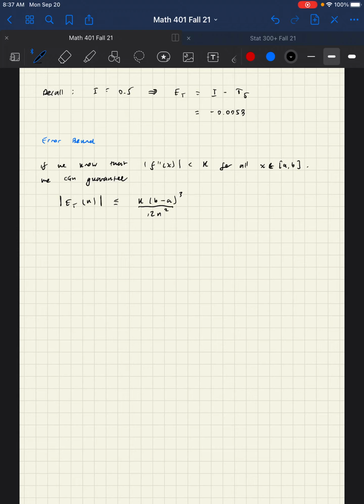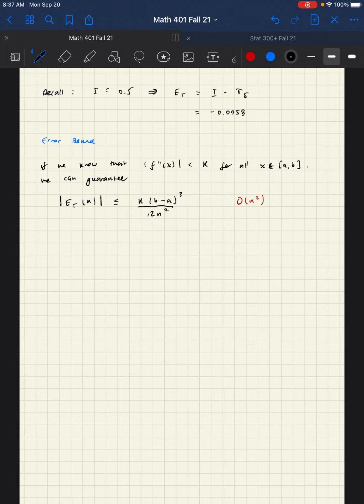So this error bound is not as strict as the midpoint rule. The reasons for it are beyond the scope of this course, but they are on the same order, so they're both on the order of, sorry, that's a theta, not an O. So in big O notation, that's in the order of n squared.